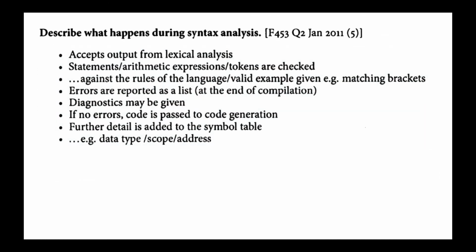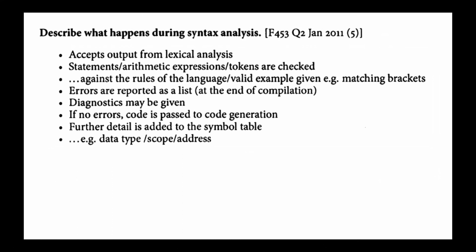Accepts output from the lexical analysis. Statements or arithmetic expressions or tokens are checked against the rules of the language, or valid examples given. So matching brackets, for example, or indenting and stuff like that.